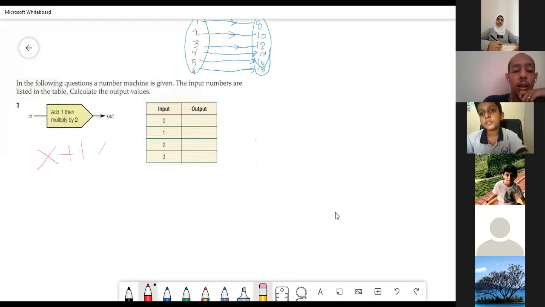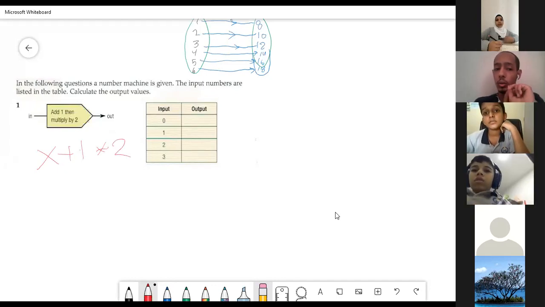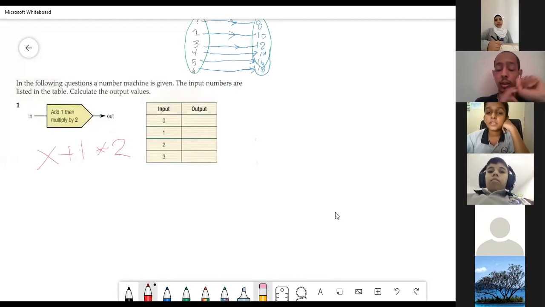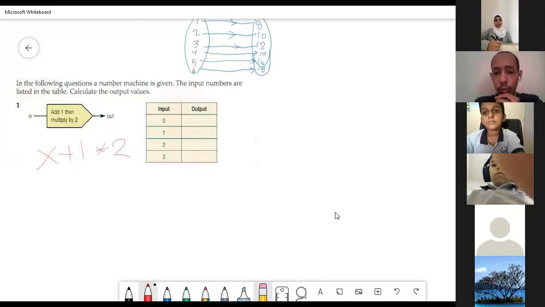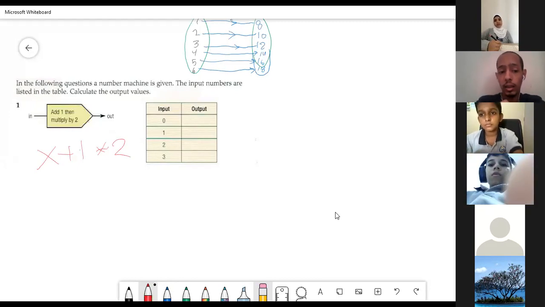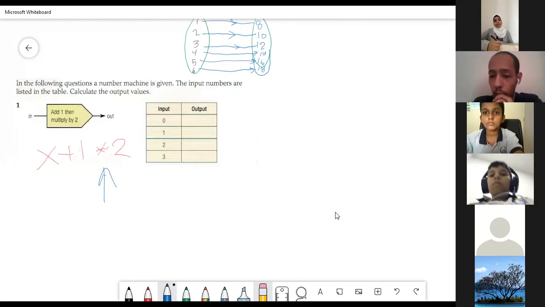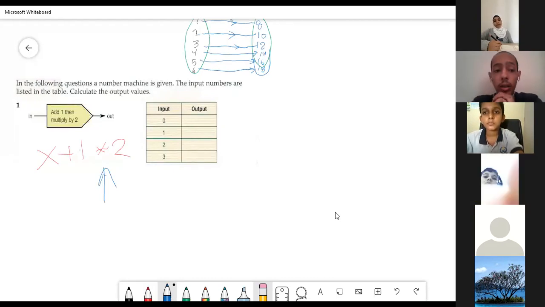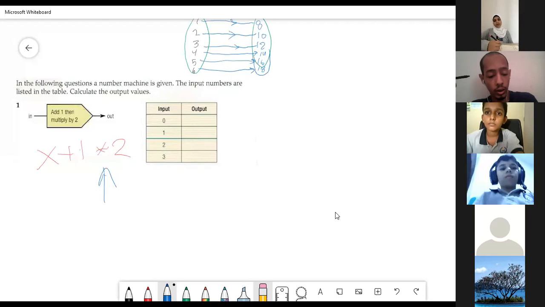Then multiply by 2. So first we have to add, next we need to multiply. But do you remember, according to the order of operations, the multiplication should be done first, right? But we need to do the addition first.